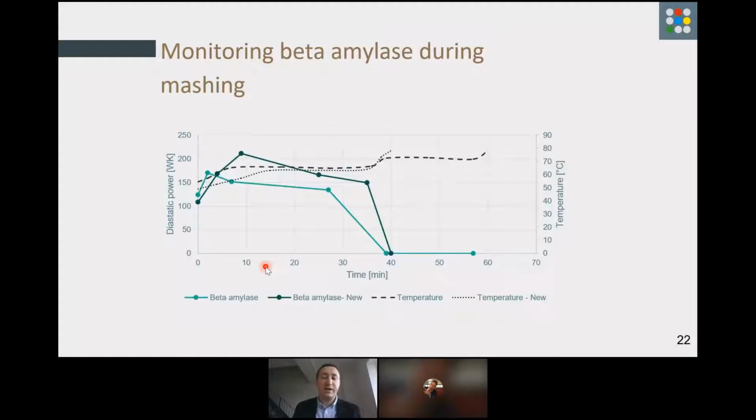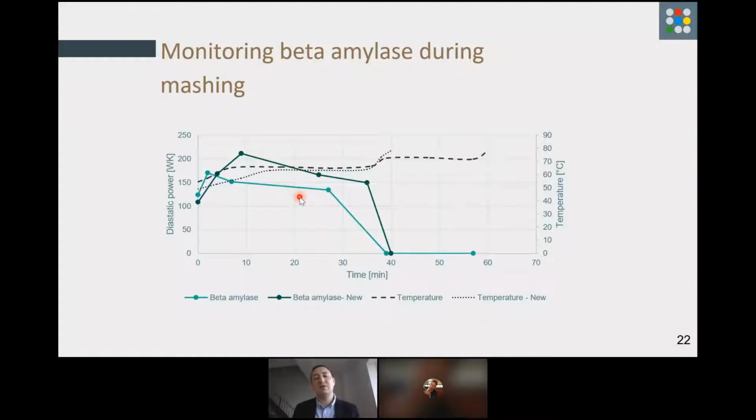When it comes to diastatic power, we were also able to monitor and even increase the diastatic power activity during the mashing. That is because we reduce a few degrees in the beta amylase activity, and that allowed us to slow down the degradation of beta amylase, which is a very common process at the 65-degree step, also called beta amylase rest or saccharification step.